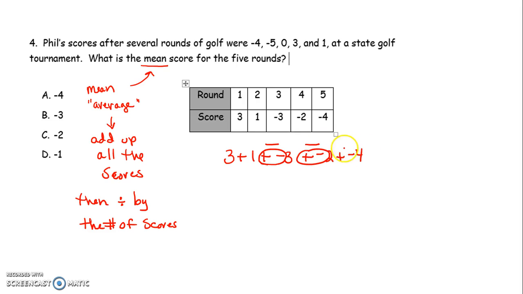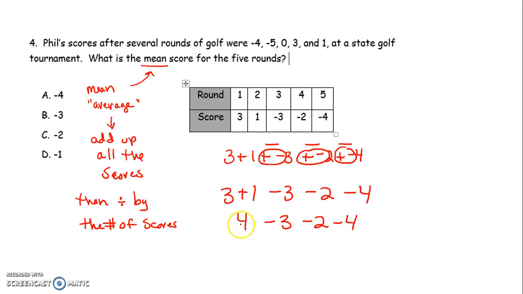Plus a negative is minus, plus a negative is minus. So 3 plus 1, -3, -2, -4. 3 plus 1 is 4, and then I have -3, -2, -4. 4 minus 3 is 1, -2, -4.